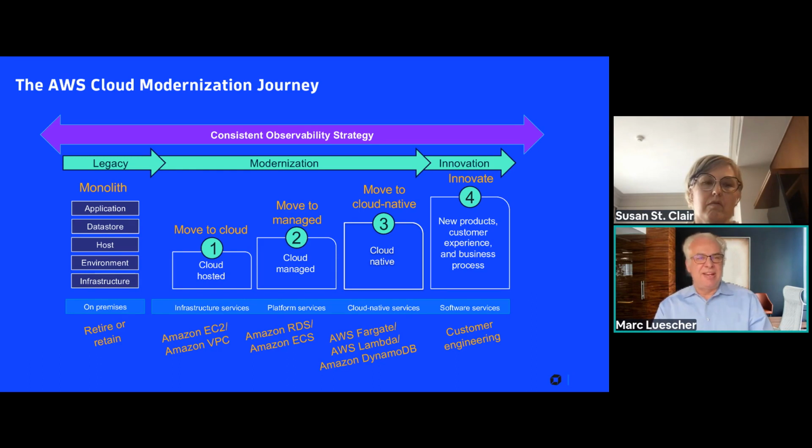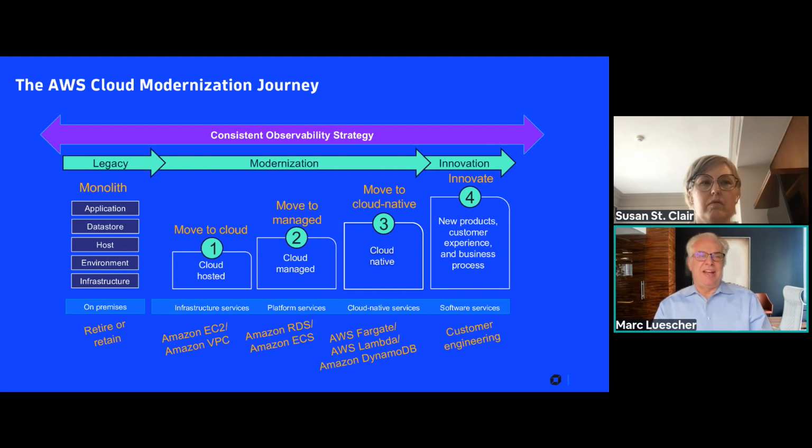And that's the phase where you will probably change and shift out your self-hosted databases with some of our managed offerings like Amazon RDS, our ECS services, and so on, because you realize you are much more efficient doing what you are good at, developing applications and moving them over, but not necessarily it's a core competency for you to operate those platforms.